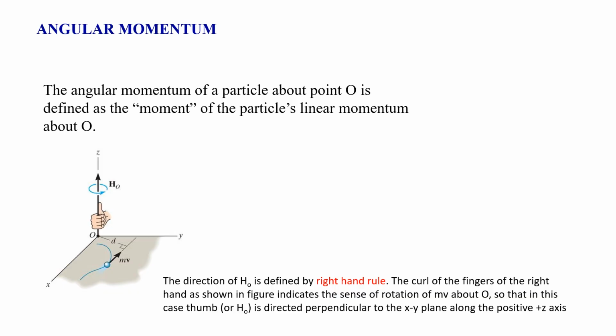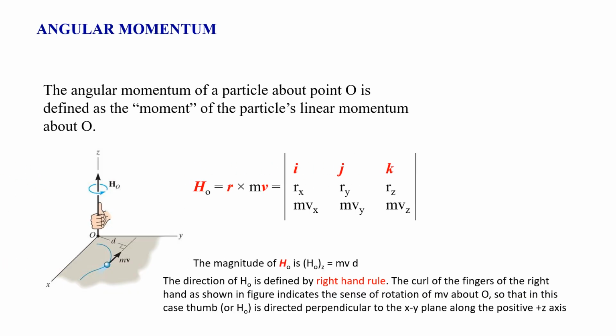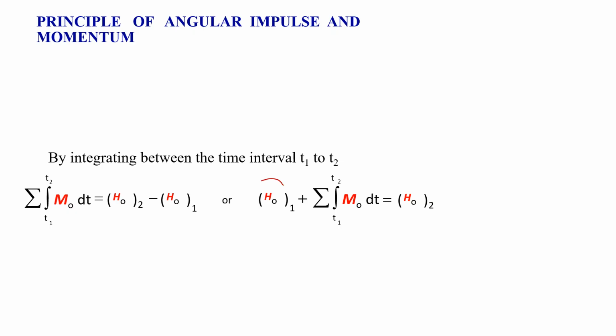For the angular impulse momentum principle, it's very similar again. In this case, instead of linear momentum, you have the initial angular momentum, plus the angular impulse, and then this one is the final angular momentum.